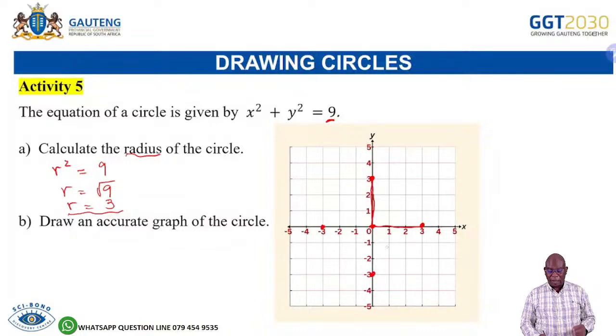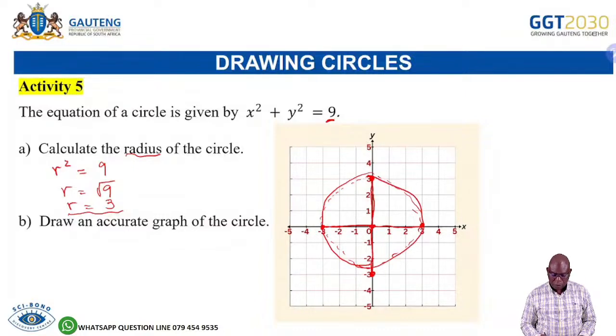Remember, we're talking radius, we are not talking about the points there. So from there I can have a circle that goes through 3, it goes through -3, it goes through 3, and we'll have a circle that goes there.